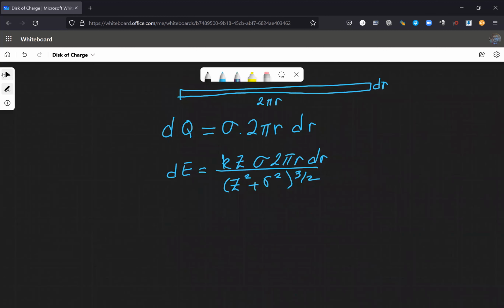So for the electric field E, k is constant outside the integral, z is constant outside the integral, and 2 pi sigma is outside the integral, and that's it. The rest has to be inside the integral because it depends on r.